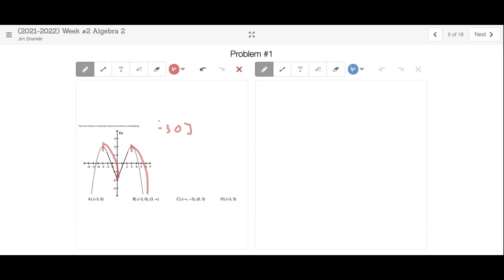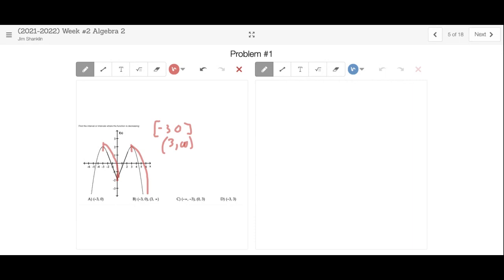Oh, they have it in parentheses. I would have done square brackets, but they're doing it a little bit different. That's fine. And then 3 to infinity. Does that make sense? That would be my answer. Now, if there are no dots at the very end, you just have to assume that this graph is continuing down.